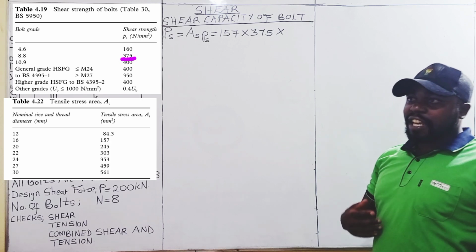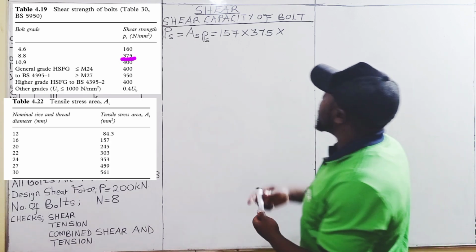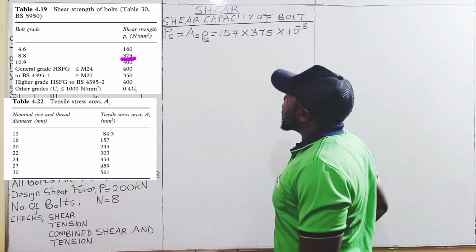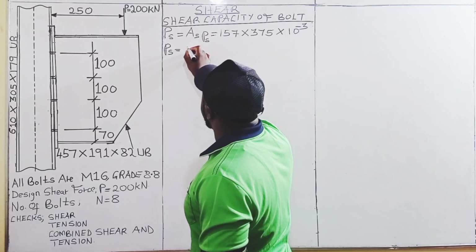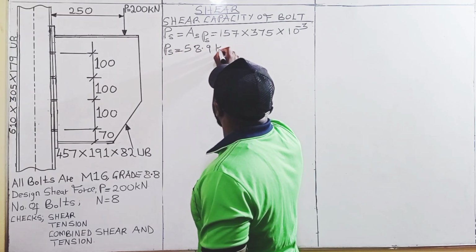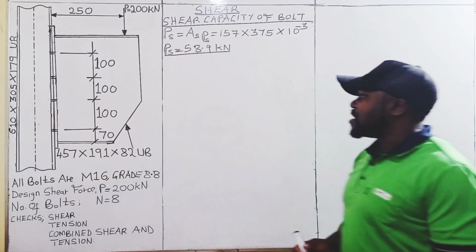Therefore, to convert newtons to kilonewtons, we divide by 1,000, or multiply by 10 raised to the power of -3. When we do so, we get a shear capacity of 58.9 kilonewtons. That is the shear capacity of the bolt.